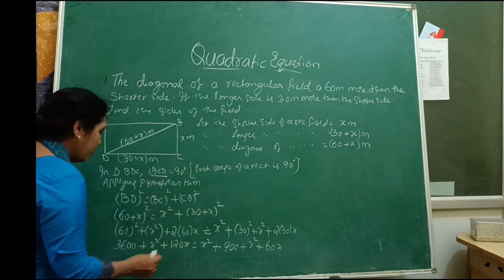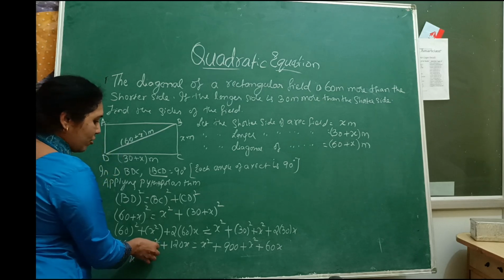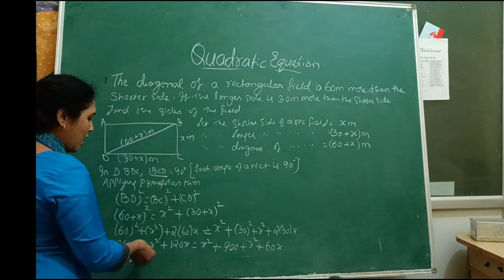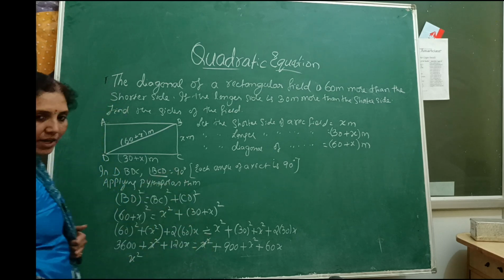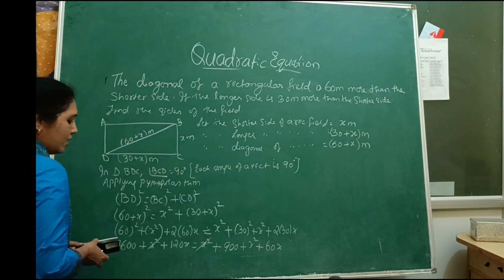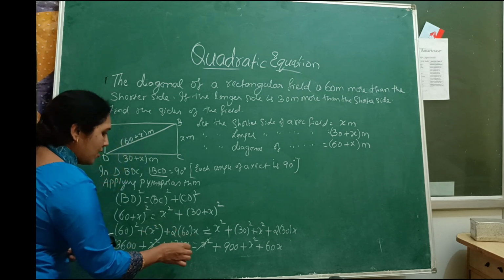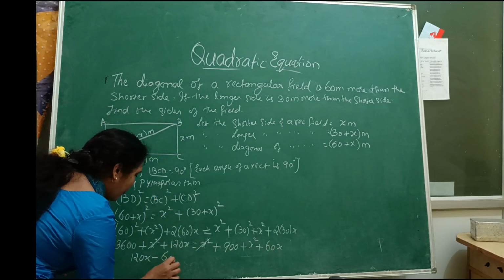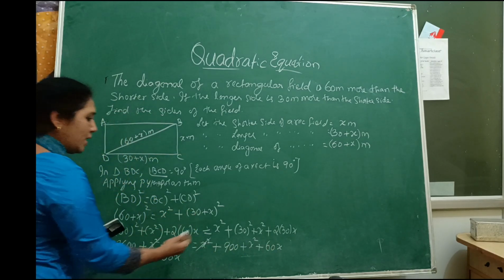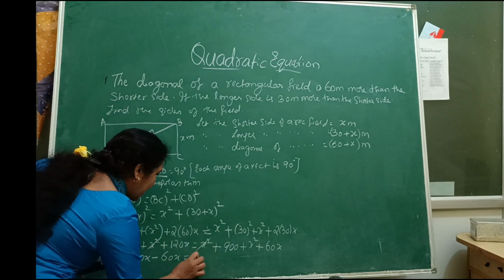Now let me bring all the x square towards one side and x terms together and put it equal to 0. Here you have x square, and one more x square on the other side, so plus x square minus x square will get cancelled. Let me take the x term, 120x minus 60x, is equal to 900, as it is.